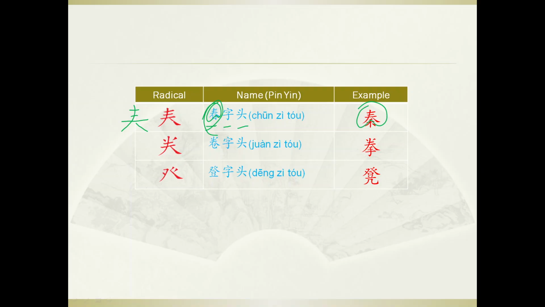The third horizontal and the above of this radical usually is about half the height of a word. One word example is Qin, the first dynasty of United China.